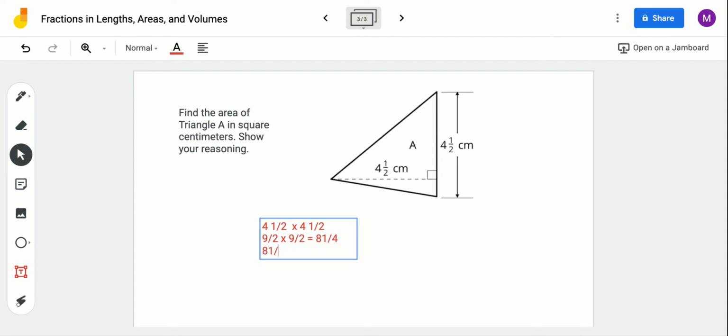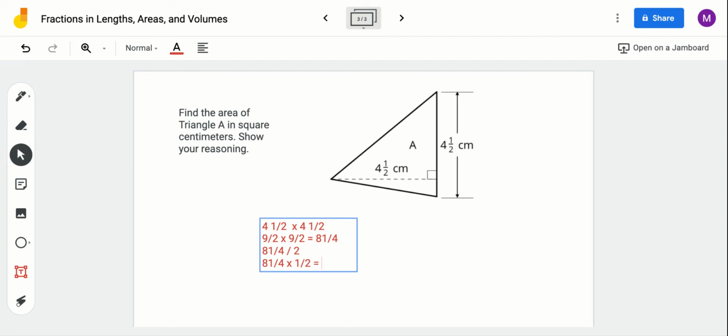So 81 fourths divided by 2. Dividing by 2 is the same as multiplying by the inverse. So I can do 81 fourths times 1/2.